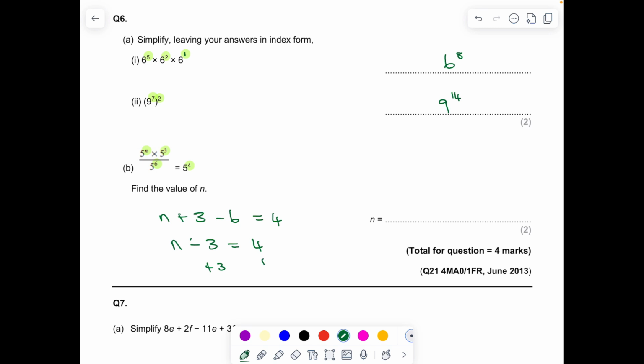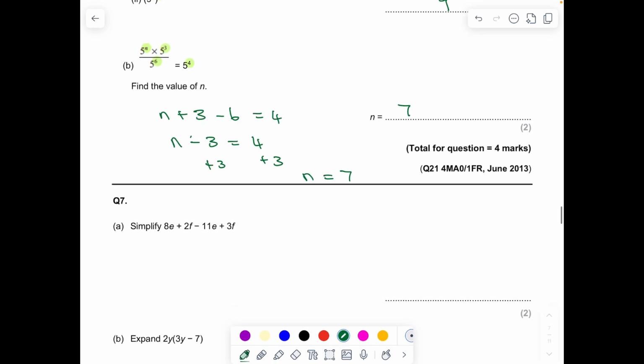I add 3 to both sides to get n equals 7. You didn't have to do an equation. Some of you would have guessed it was 7. You would have tried different numbers. So maybe some of you added on the 6 to get 10 and realised that the n plus 3 needed to equal 10 as well. So n is 7. It doesn't matter.